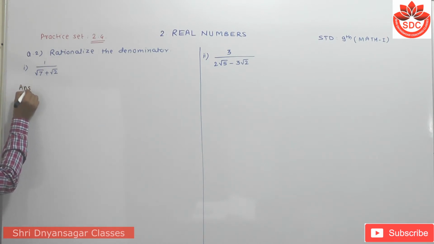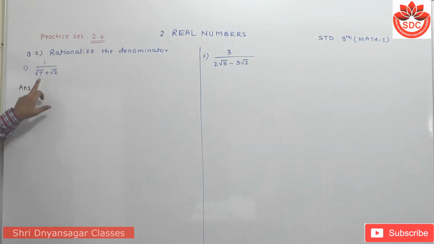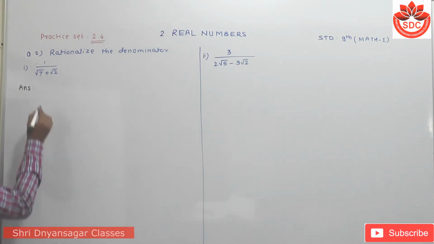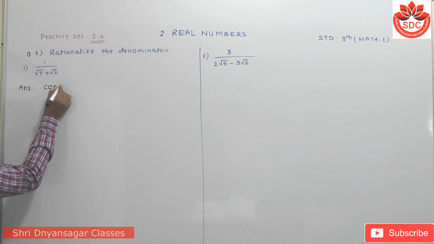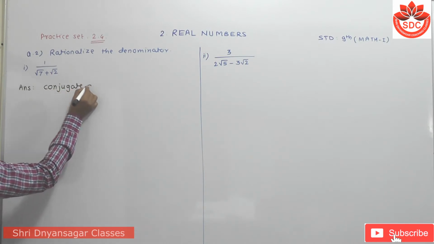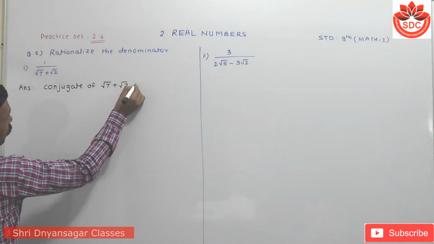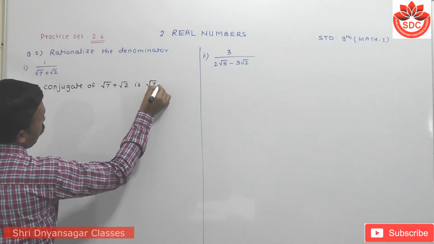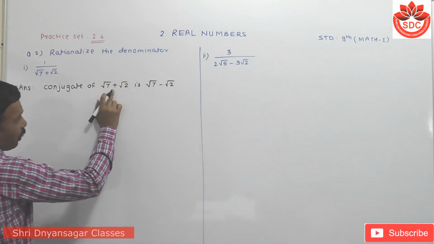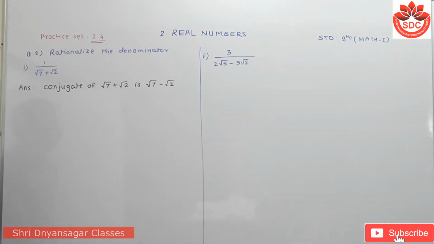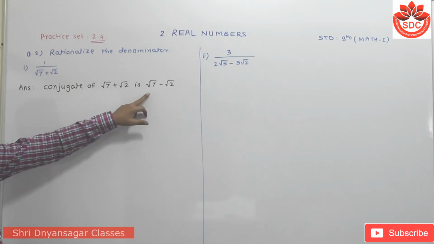So for the answer of this question, first I have to write the conjugate of this denominator. So the conjugate of root 7 plus root 2 is root 7 minus root 2. Look carefully, plus then conjugate is minus. Then you have to multiply numerator and denominator by this conjugate.